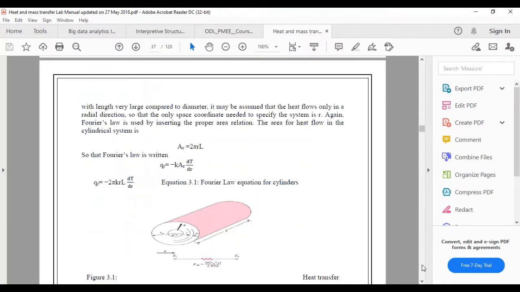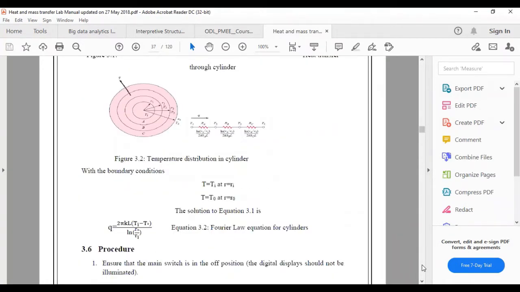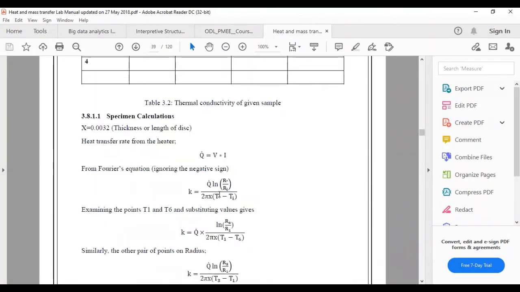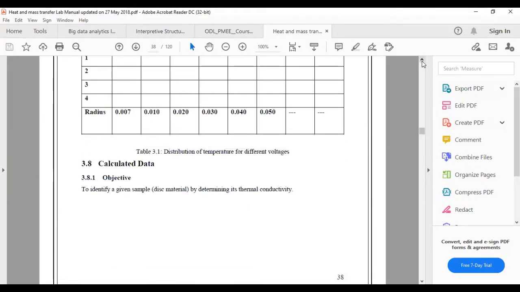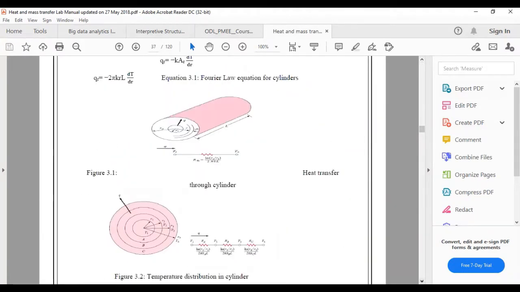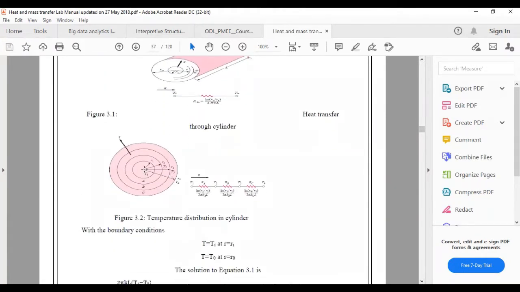Before going into detail, I would like to tell you something about the Fourier equation. If you are talking about radial heat transfer, then this is the figure. At the center of this figure there is a heater, and at the outer edge, the outermost radius, there is a cooling water flow.